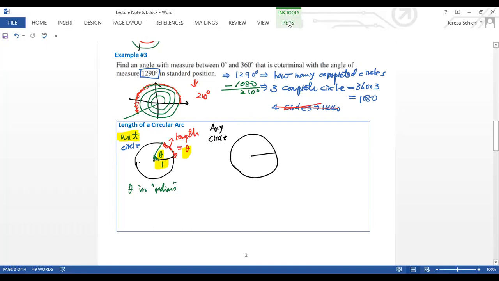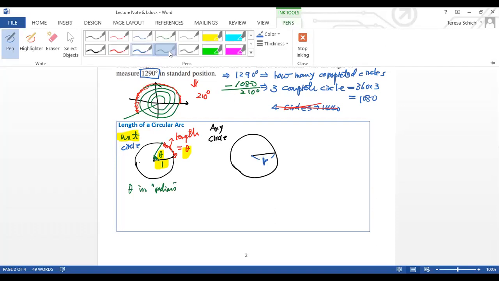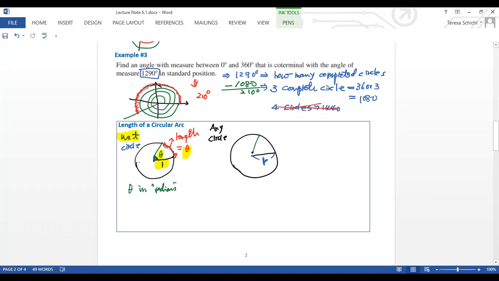So for any circle, if the radius, instead of 1, is equal to r, and you have any angle here, theta, then what is the length of this arc?